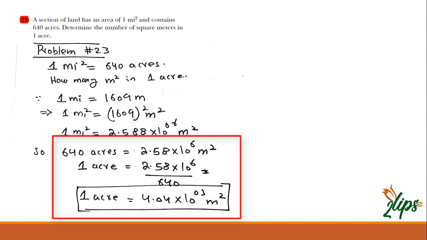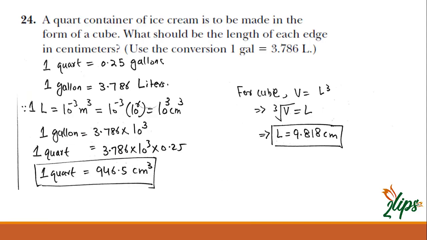Simply we need to find the meter squared in 1 acre, so I can divide by 640 on the other side. I will get 2.58 times 10 raised to power 6 divided by 640. This gives me 1 acre is equal to 4.04 times 10 raised to power 3 meters squared. So this is the relation between 1 acre and meter squared.